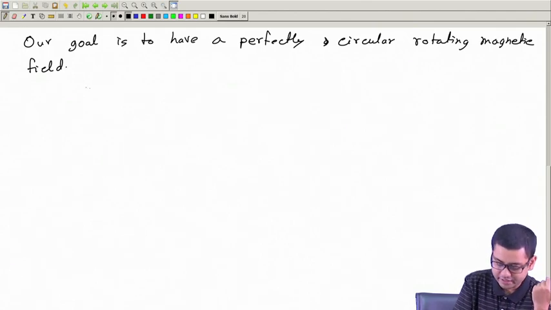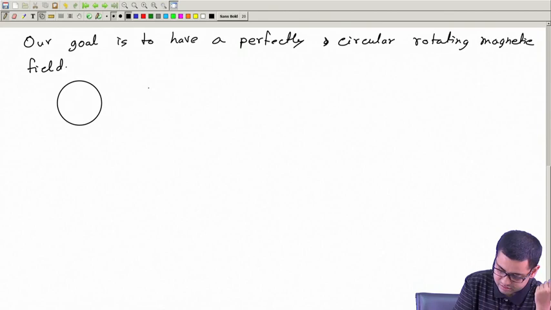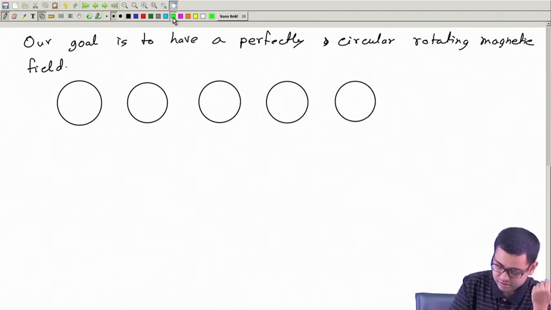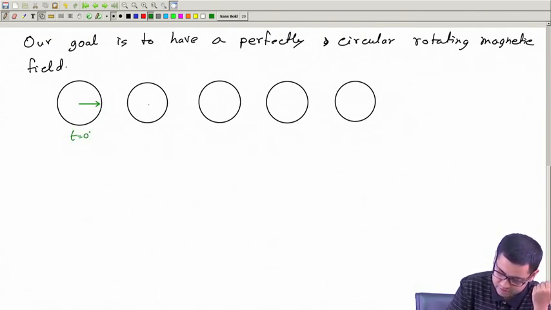So, what do I mean by that? So, I mean that, if I draw the magnetic field as a vector at different times, okay, then this is the magnetic field at some time say t equal to 0, then at say t equal to 45 degree, the magnetic field should be like this.